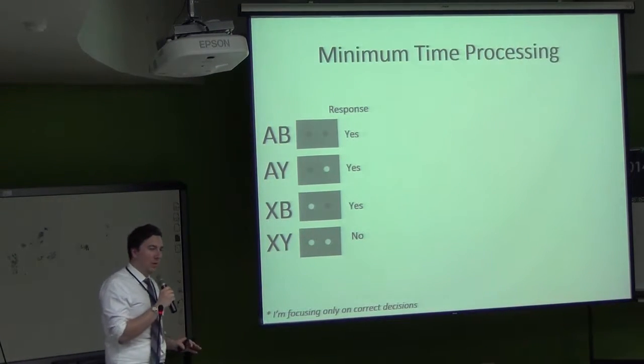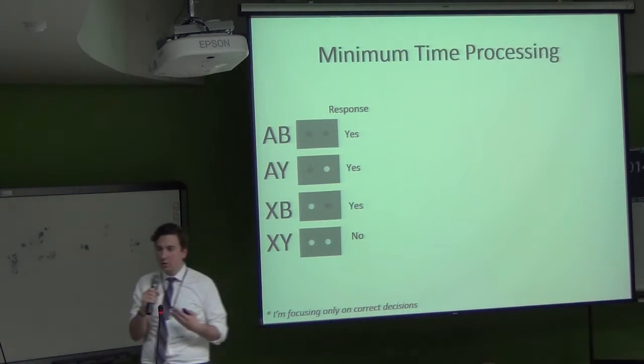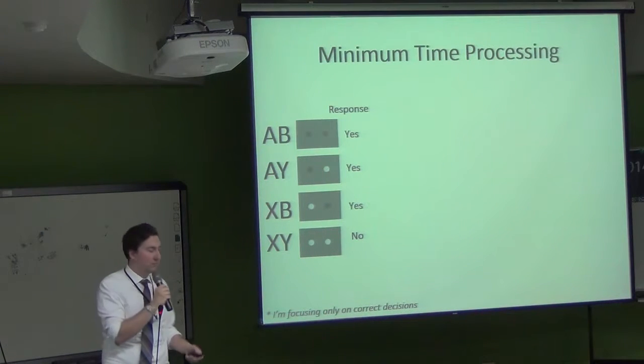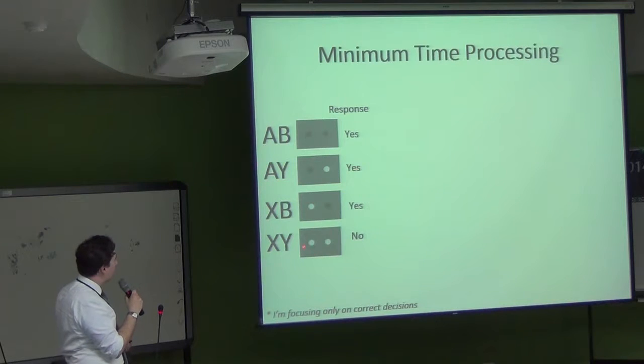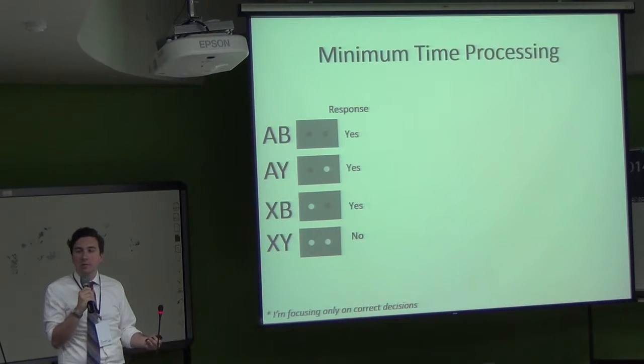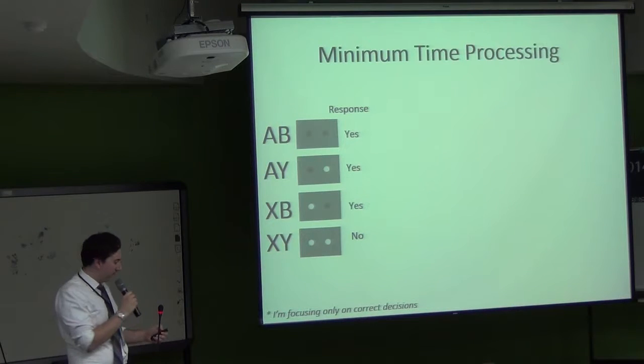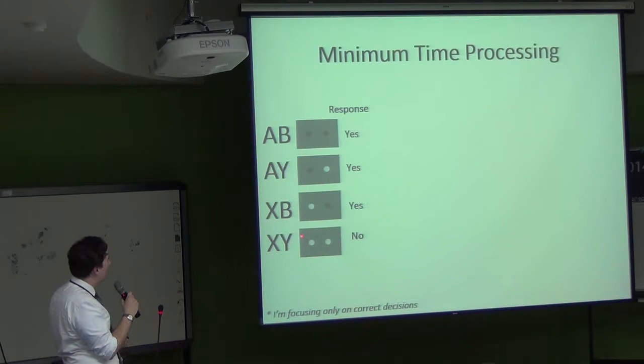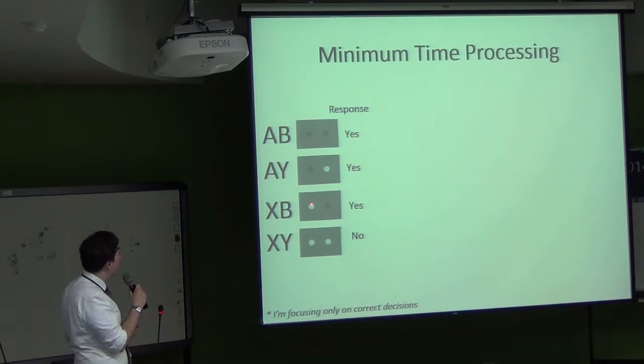Okay. What I want to do now is introduce some conflicting information. So rather than having nothing here, we're actually going to have 2 white dots. Here we'll have 2 black dots we have to detect. The task is the same. You still have to say yes anytime you see a black dot. But in fact, with the single targets now, they're no longer single targets because they're always going to be comprised of 1 white dot and 1 black dot.